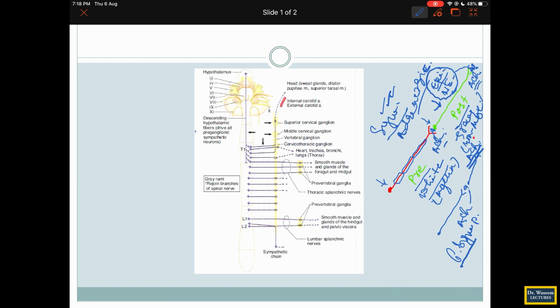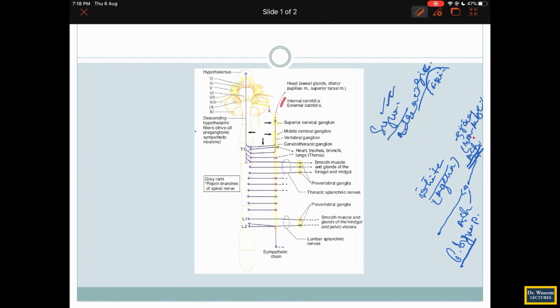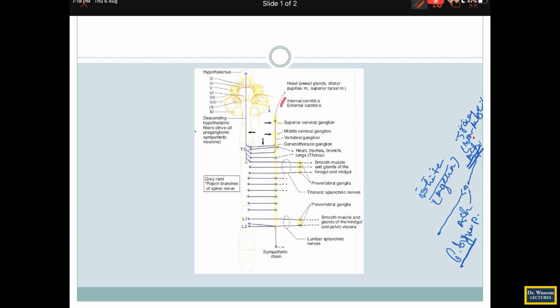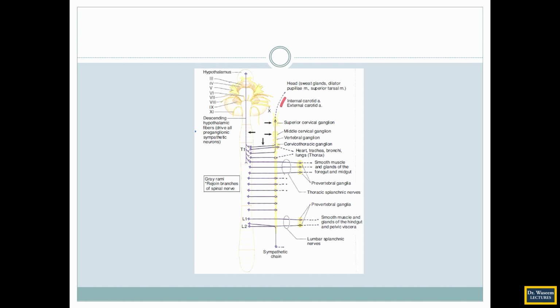But it is true that at one time one system is dominant, depending upon the condition of the body and what you have to be prepared for. So, these are certain basic principles about the autonomic nervous system. Having said something about this, you have to watch how your sympathetic and parasympathetic nervous systems work.